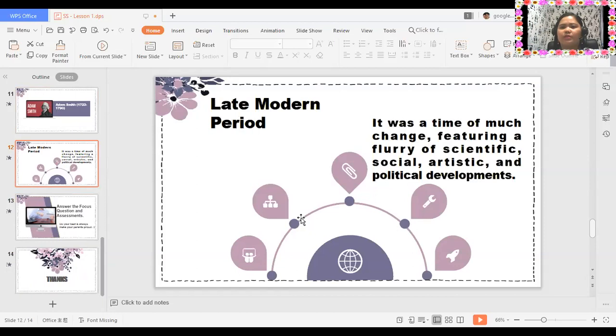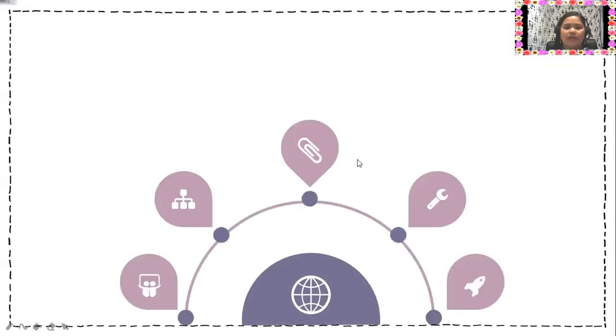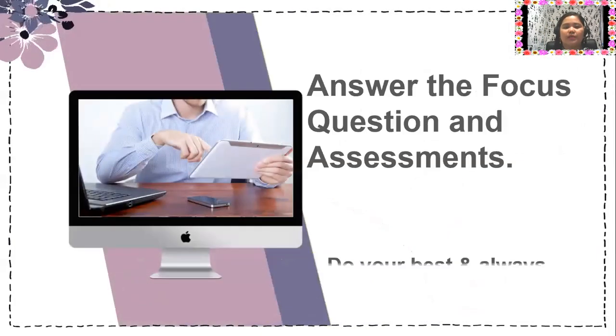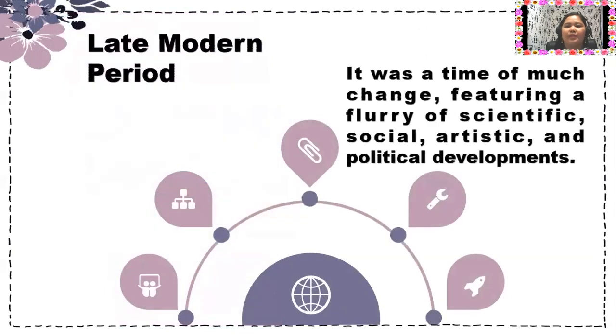It was a time of much change featuring a flurry of scientific, social, artistic, and political developments. From the simple union of the state and the church, now the state and the church were separate. So here come the scientific studies, and the social, artistic, and political developments. This shows how important this was in the late modern period.